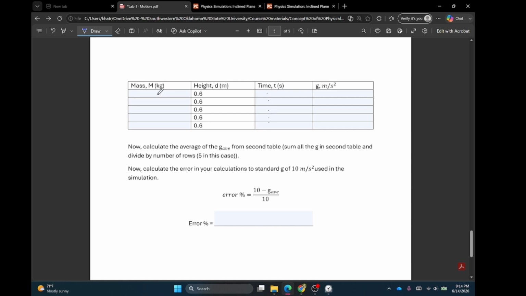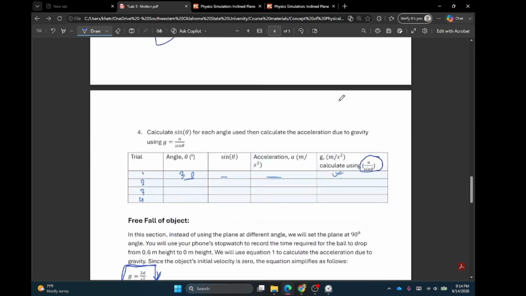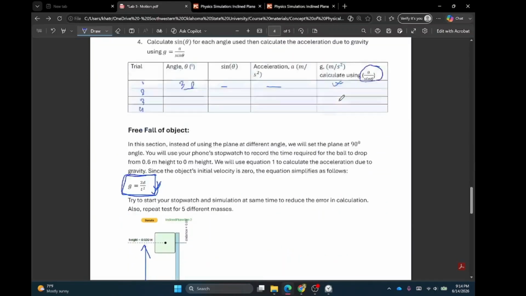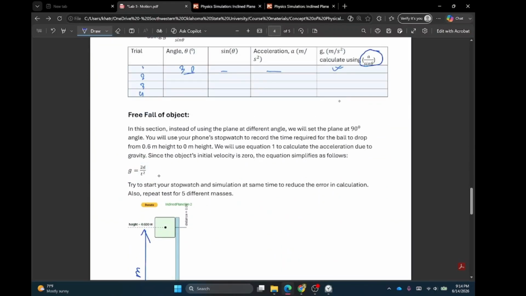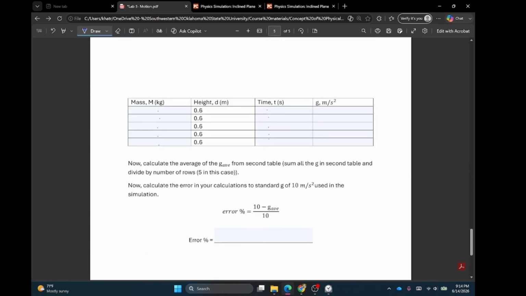You will change the mass to different values, and then using this formula, you will calculate acceleration due to gravity g. Once you calculate all these 5 different values, you will calculate the average of these 5 g values.